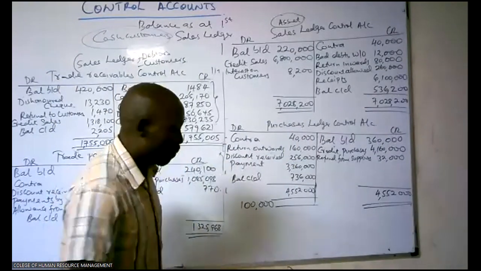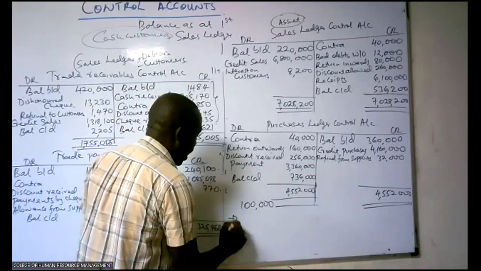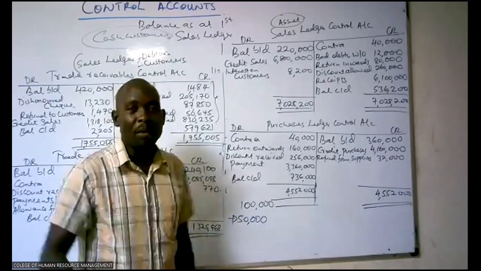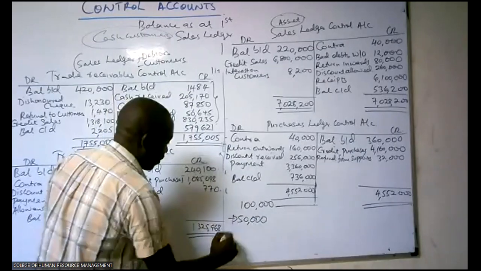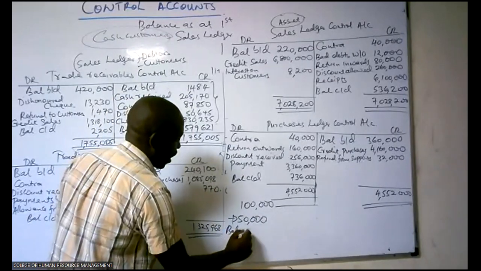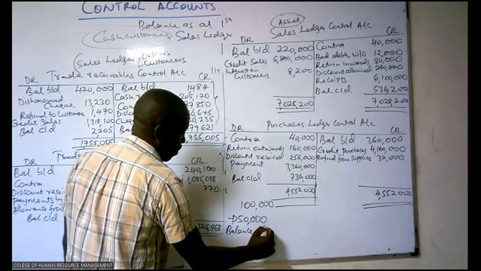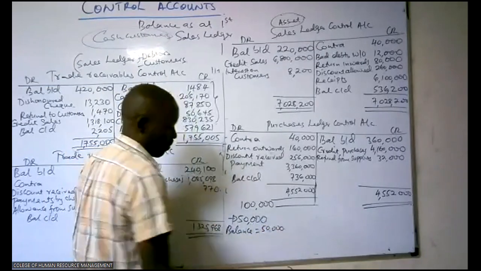If we find that we have paid a particular supplier 50,000, how much are we supposed to pay the others, the balance, for us to clear the 100,000? The balance is 50,000.